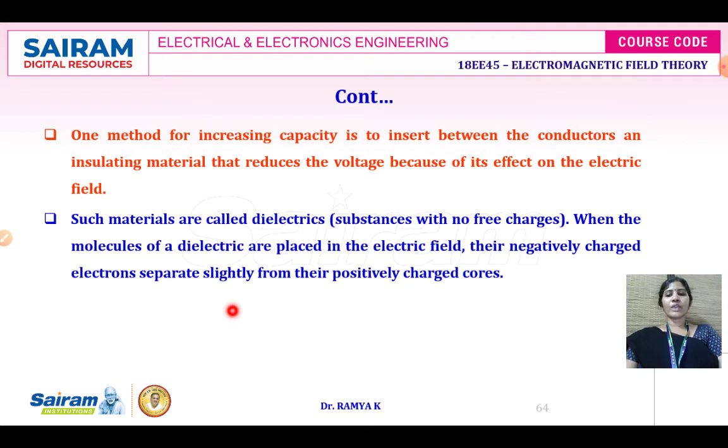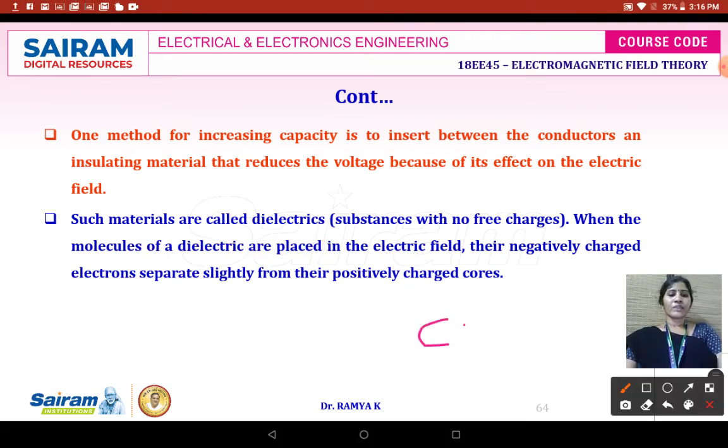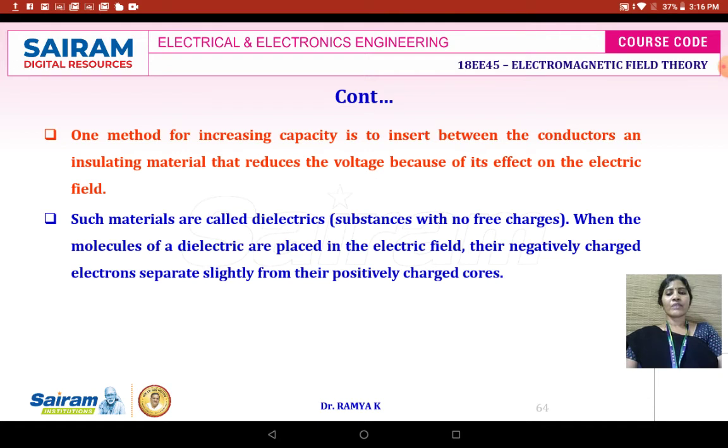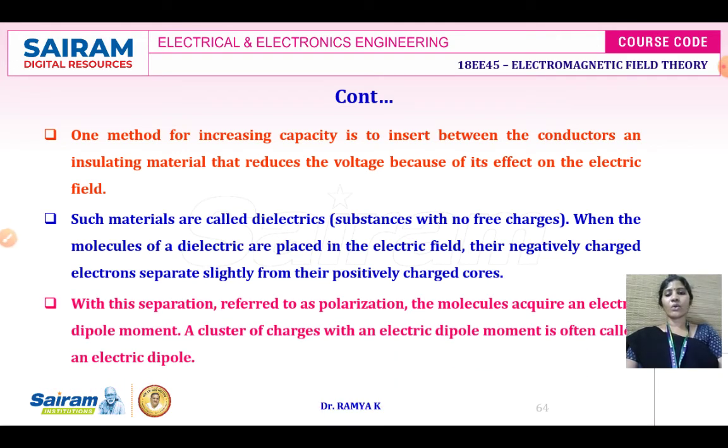Such material is called a dielectric material, like how we have C is equal to epsilon A divided by D. C is equal to Q by V. V is equal to Q divided by C. So when you increase the dielectric medium, the value of the capacitance is going to increase. When the capacitance value is increased, the voltage value will be decreased. So you can use this dielectric medium variation to vary the capacity or to vary the voltage.